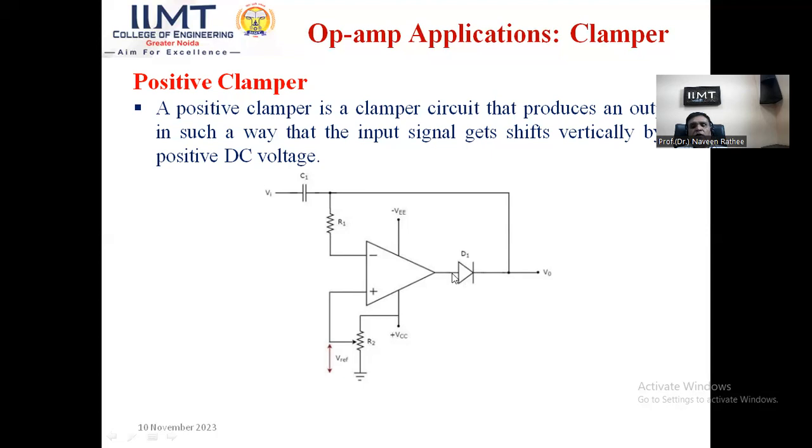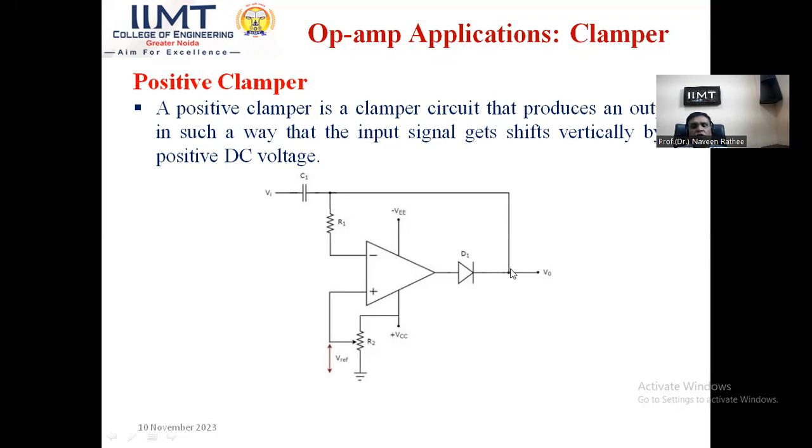Diode D1 becomes forward biased, it acts as a short circuit, and current will flow and charge the capacitor up to the maximum voltage of the negative peak cycle. Once the capacitor is charged, when you change the phase, moving from negative to positive, the positive cycle will come and the diode will be reverse biased, acting as an open circuit.